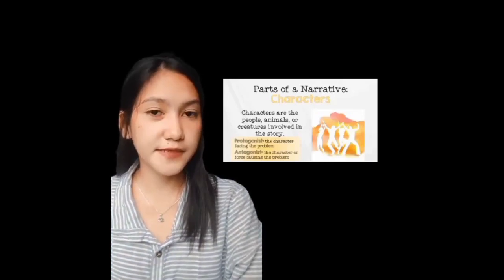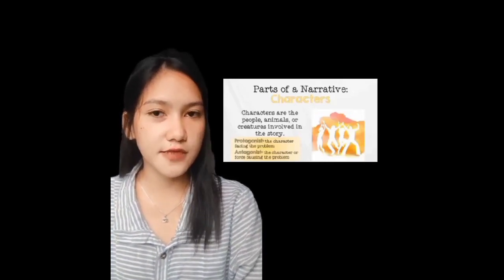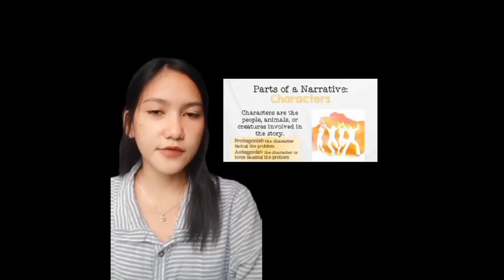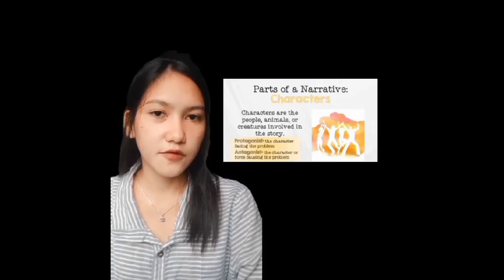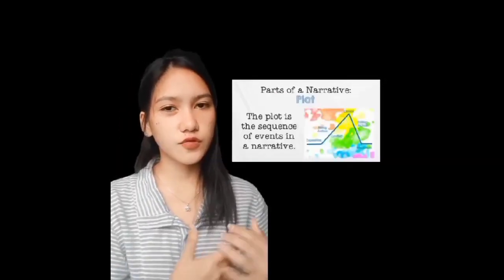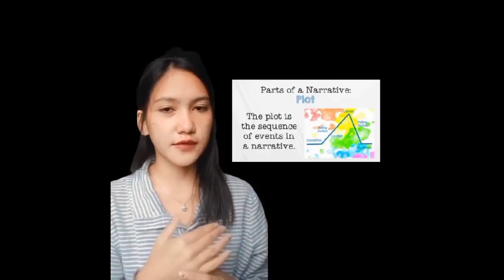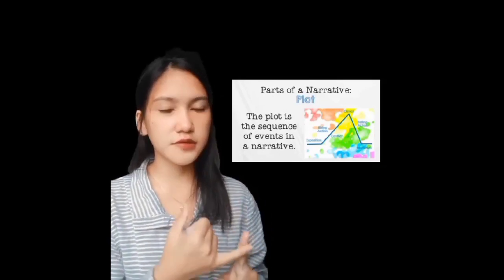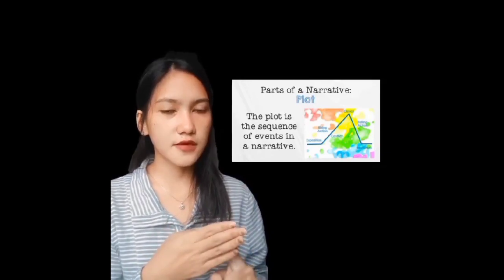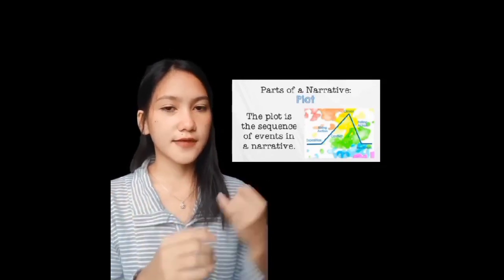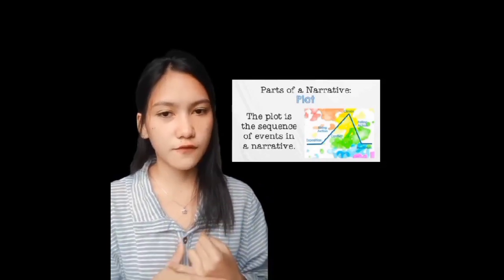Protagonist is the bida, or a character facing the problem, and the antagonist is the kontrabida, or a character causing the problem. The plot is the sequence of events in the story. So it has exposition, rising action, conflict, climax, falling action, and the dilemma or the resolution of the story.